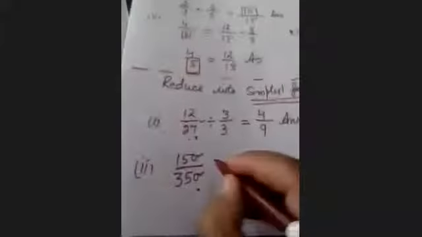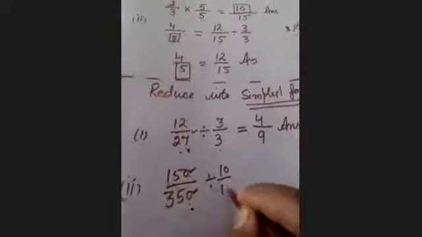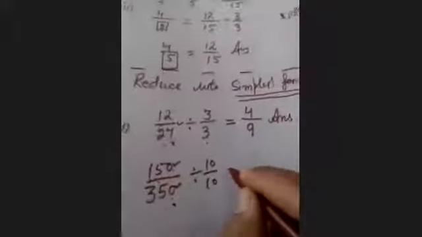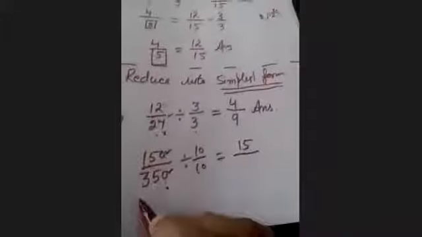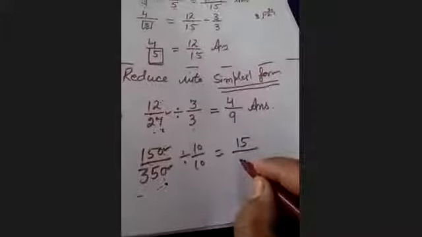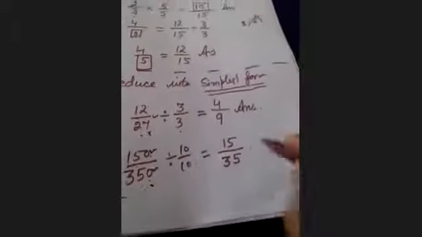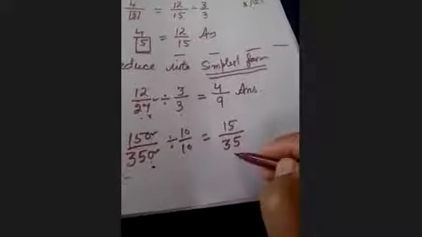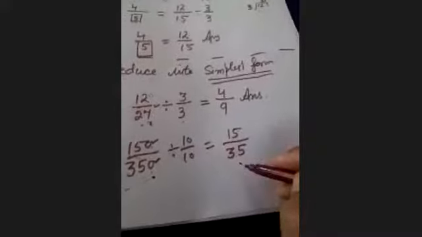So first we will divide by 10. 150 divided by 10 we will get 15 and 350 divided by 10 we will get 35. Yes, friends. Now once again, 15 and 35. Once again, both are multiples of 5.